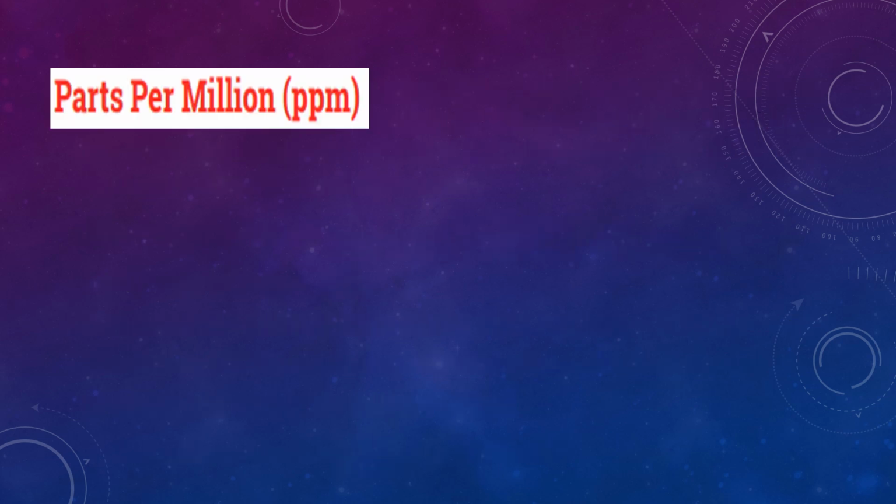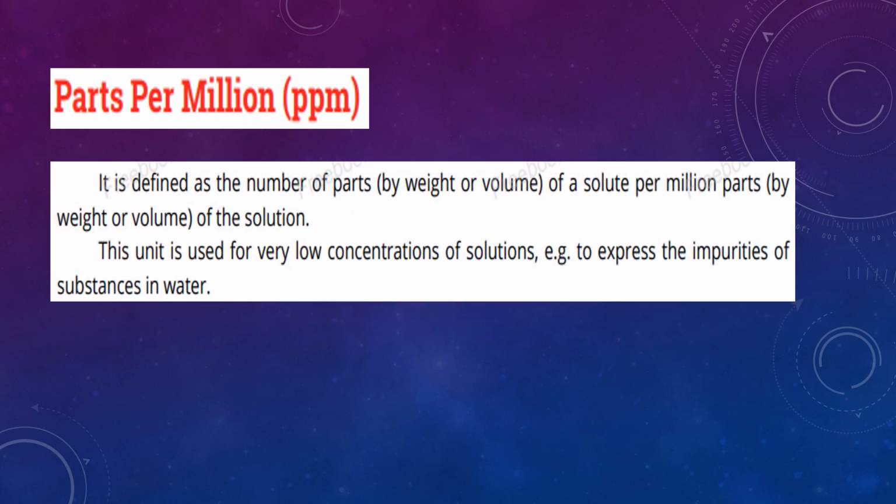What is parts per million? Parts per million is defined as the number of parts of the solute in 1 million parts of the solution, and these parts may be by weight or by volume. So the solution may be taken by weight or by volume.